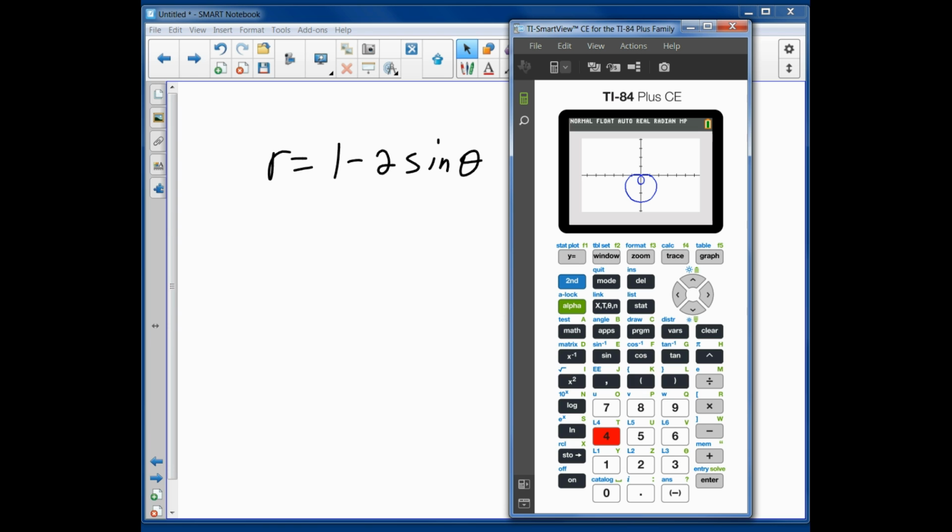So if I go back to y equals, or change my window, how many radians do you think it's going to make? Pi over 2 to make that little circle?